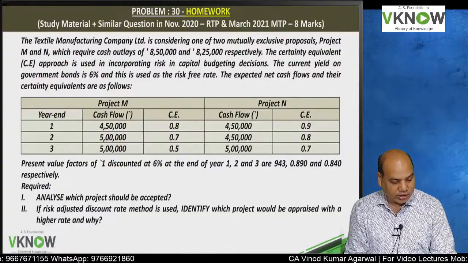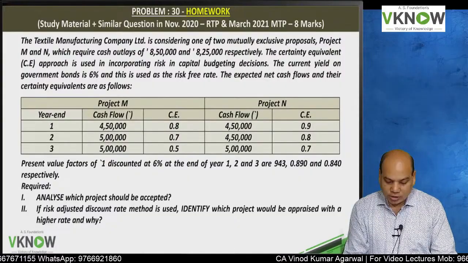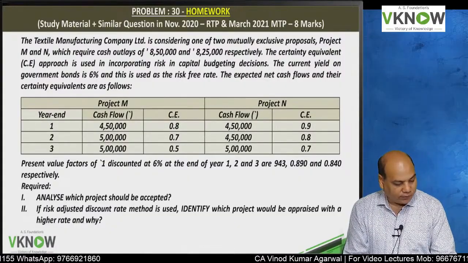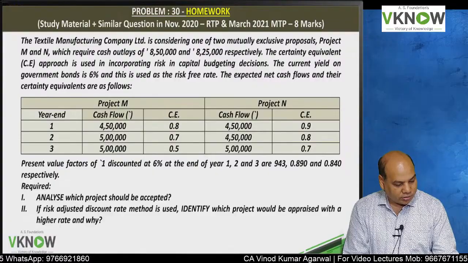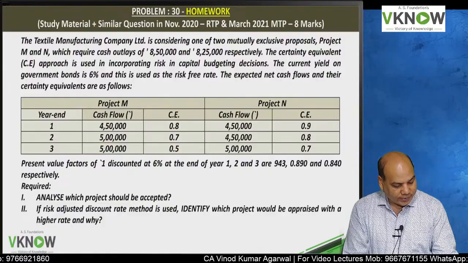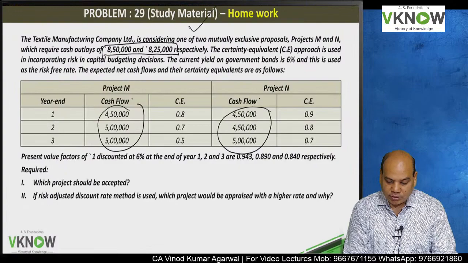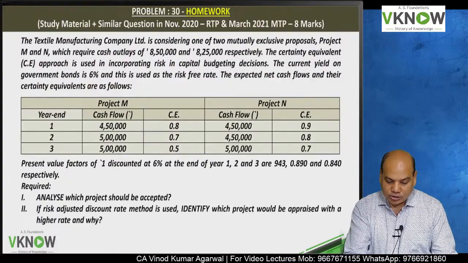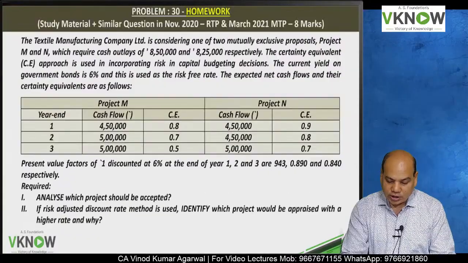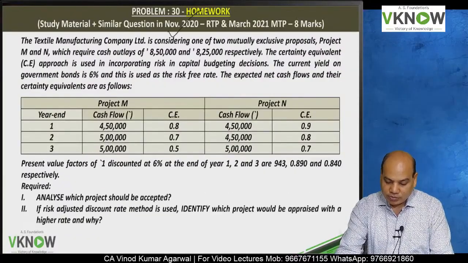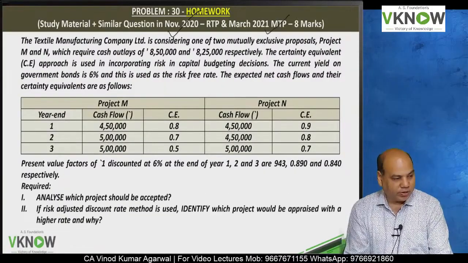Homework. Question number 30. Again the same problem. Here the figures are also, I think, the same. So you can just do one of the two only. If the figures are 100% the same, you can do one of the two. The previous question was in the study material. This question was in November 2020 RTP, March 21 MTP.